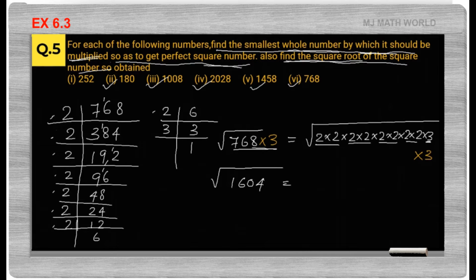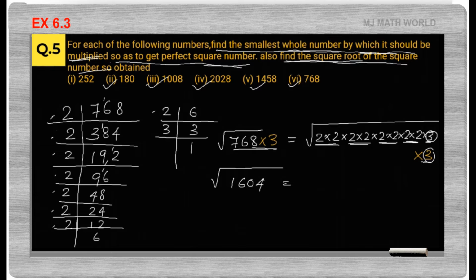That is 2304, which is equal to, we will make pairs. First pair, second pair, third pair, fourth pair, and this one is the fifth pair. This 3 and this 3 are another pair.